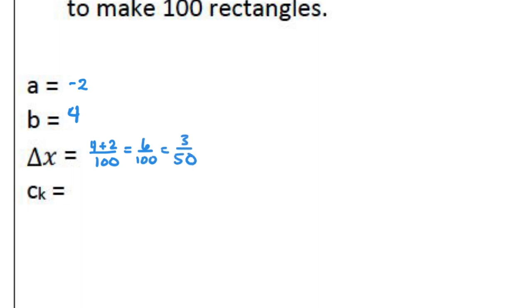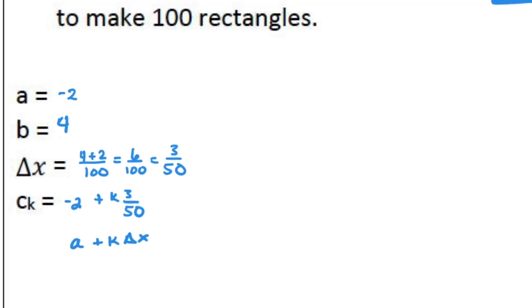So there we are. In this problem, you're supposed to use right-hand endpoints. So c sub k is -2 plus k times 3 over 50, because remember it was a plus k times delta x for your c sub k. All right, now it's time to substitute. We know that area is approximately equal to the sum k equals 1 to n, and then we'll have f of ck multiplied by your delta x.